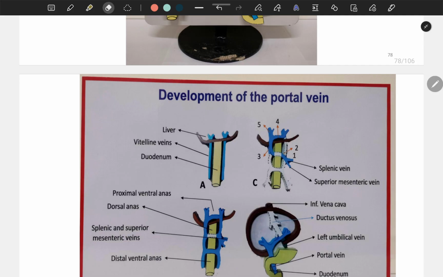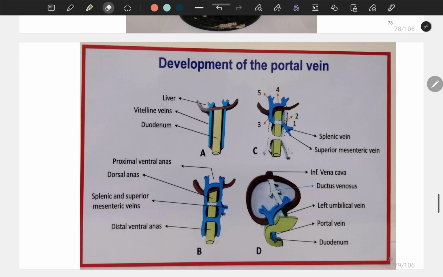Now coming to the development. So here you can see this is liver, and vitelline vein. This is vitelline veins which passes below the liver.